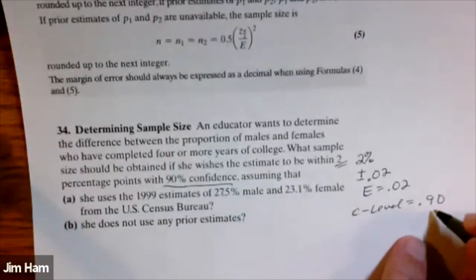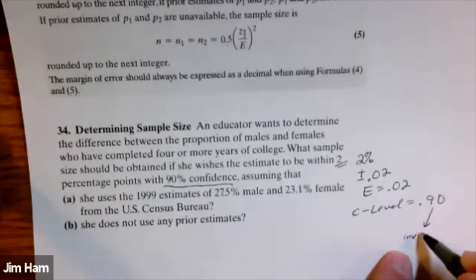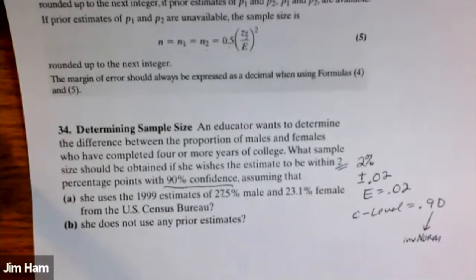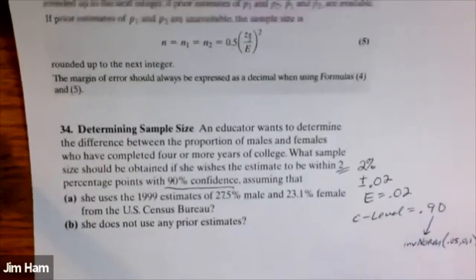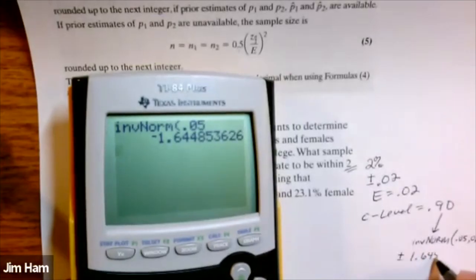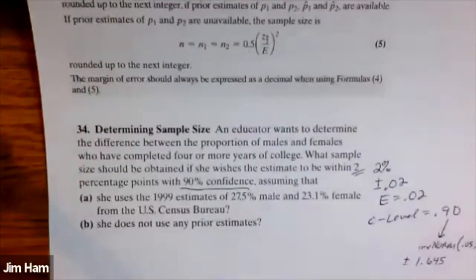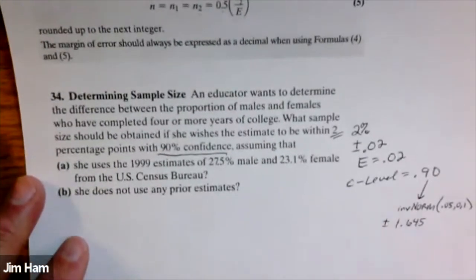All right, so from here, you do inverse norm. If 90% is in the middle, then 10% is on the outside, which makes 5% in each tail. All right, so the critical value is going to be plus or minus 1.645. This is the same one that you found in that practice problem. Okay, so we have this here.